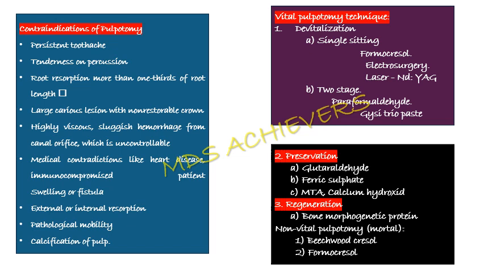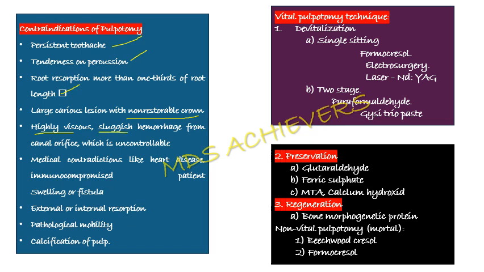Contraindications of pulpotomy are persistent toothache, tenderness on percussion, root resorption of more than one-third of the root length. That is, if root resorption is much more advanced, more than one-third of the root, then we cannot indicate the pulpotomy. Large carious lesions with a non-restorable crown also cannot be indicated.